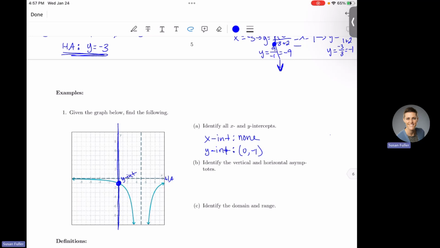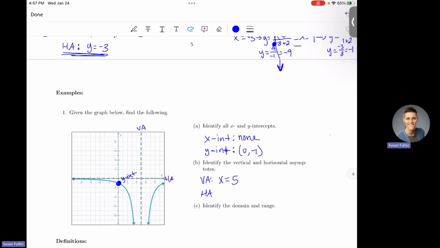And then identify all vertical and horizontal asymptotes. So our vertical asymptote, where's our vertical asymptote? Yep, it's dotted in right here. A vertical asymptote is a vertical line, so this needs to be in the equation of a vertical line, which is x equals some number, and our vertical asymptote goes through x equals 5.